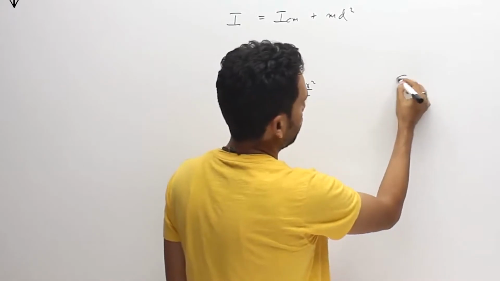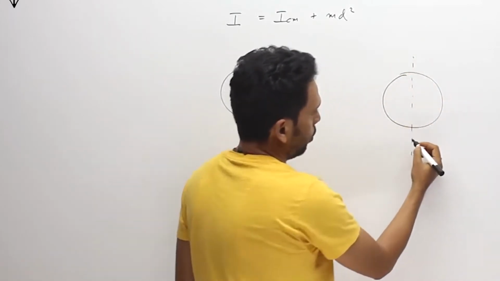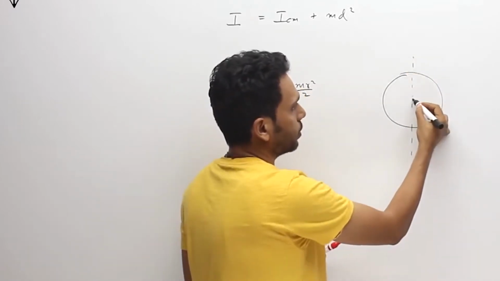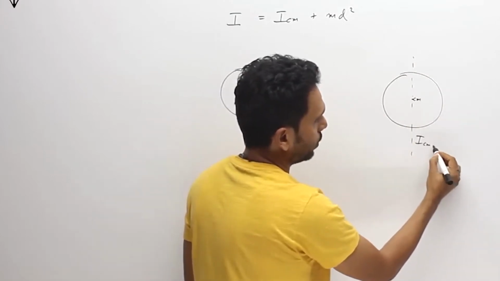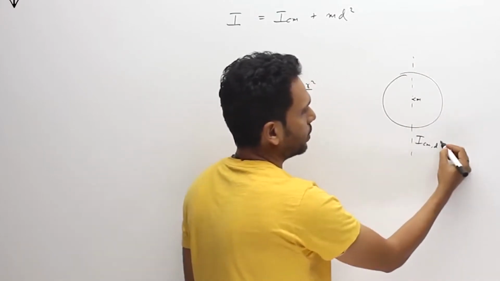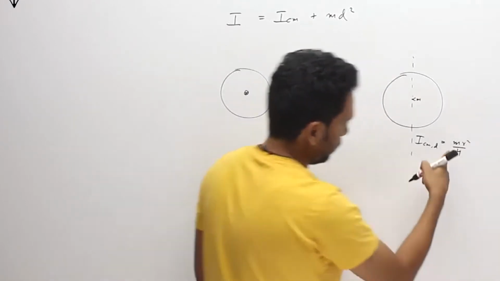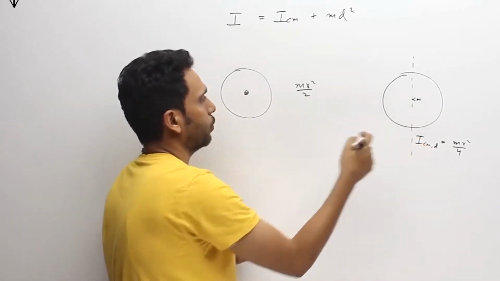And for your information, ICM of a disc along an axis which is along the diameter of the disc, I'll call it ICMD, is equal to mr square by 4. This you'll be doing in the next section, which is perpendicular axis theorem. So I'm just telling you the value over here.